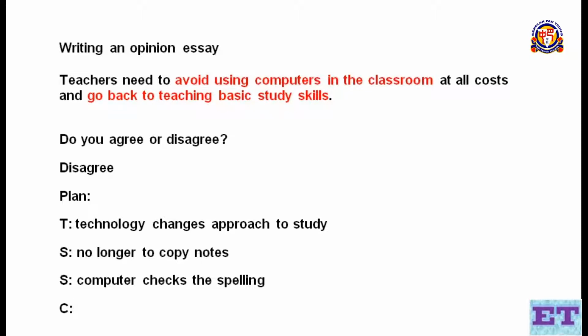So as we know, conclusion is actually to repeat what the topic sentence tell us, right? So for the conclusion, I'm going to type technology. Technology helps students a lot. Okay, so this is the first basic paragraph.